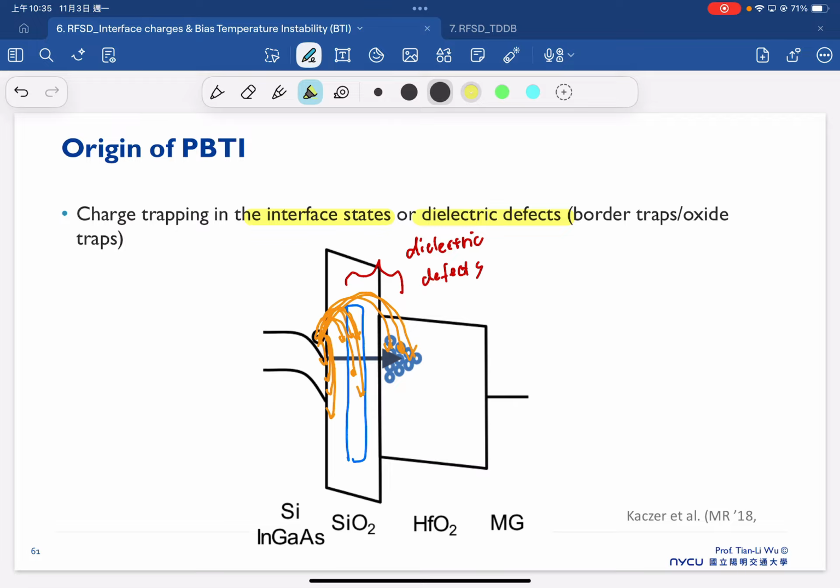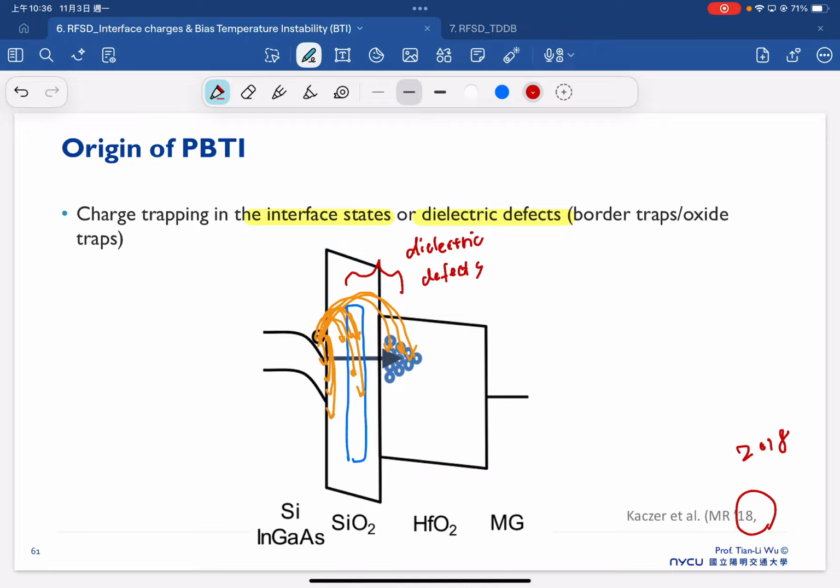But nowadays we not only use silicon dioxide, we use a lot of high K and many exotic materials, and our dielectric is only 10 nanometer, 5 nanometer. So it's possible that electrons can be trapped inside the dielectric as well. That's our understanding, which has been very popular since 2018.